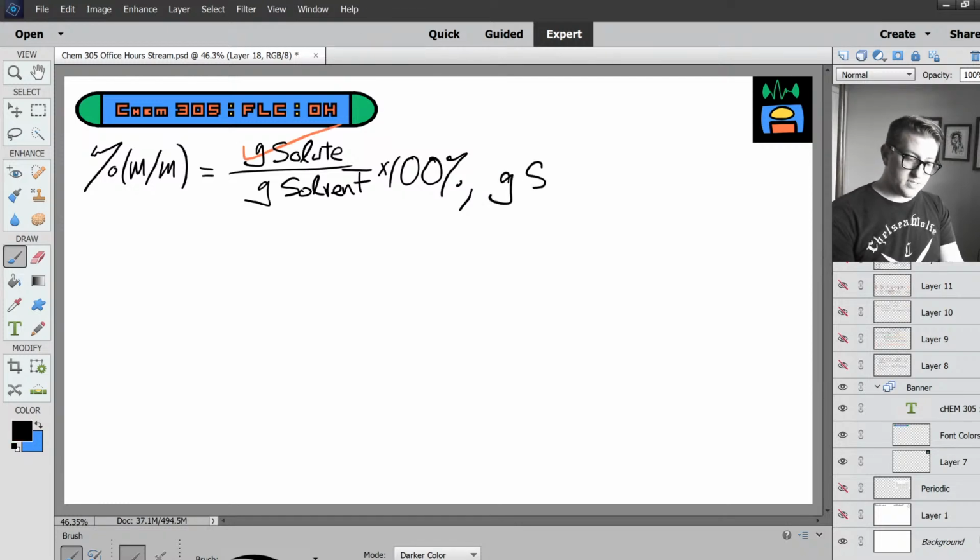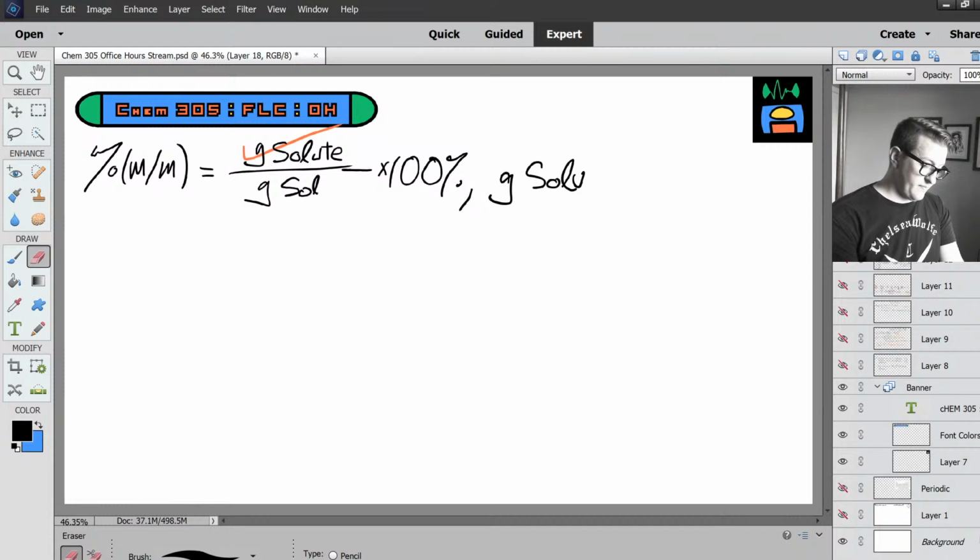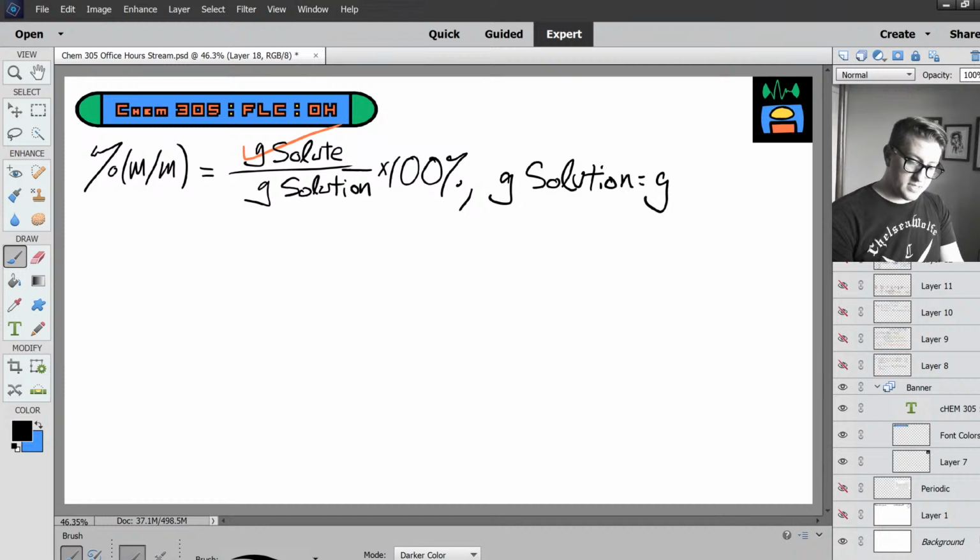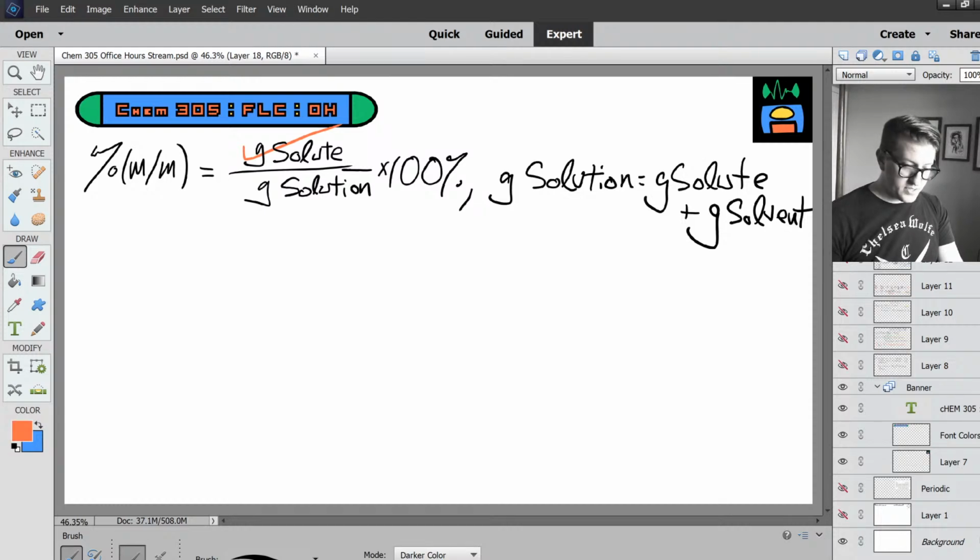The grams of solvent, I'm sorry, that's my bad. It doesn't equal the grams of solvent in the denominator. It equals the grams of solution. The grams of solution equal the grams of solute plus the grams of solvent. And even though we aren't given the grams of solution, we know the grams of solute and the grams of solvent, so we can solve for that.